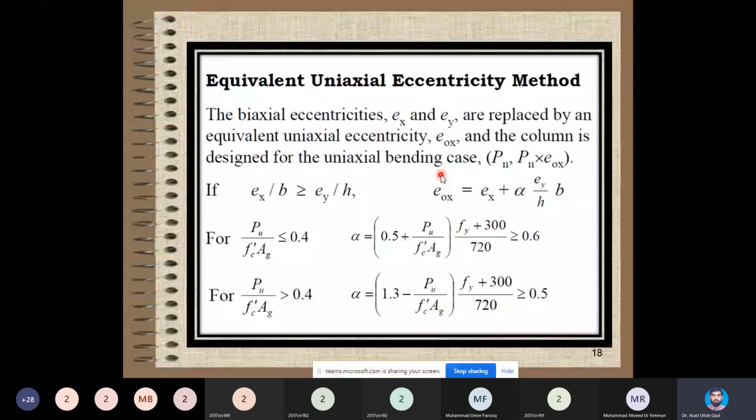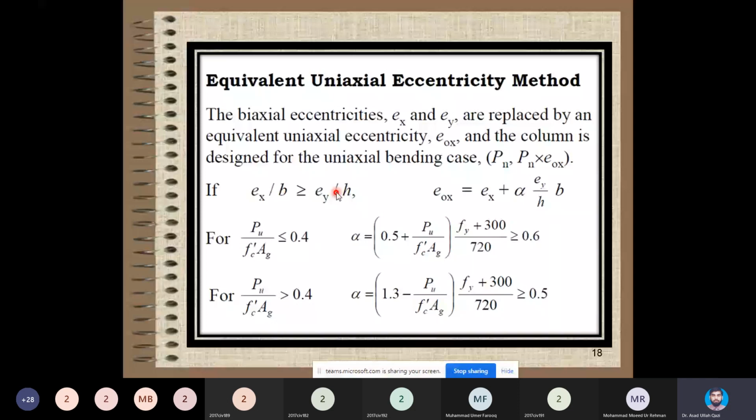And what this equation is: the actual Ex what you have will be placed here as the first component, then plus. If you take this B as the numerator on the right hand side, what will be the outcome?